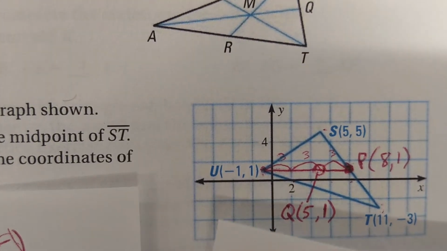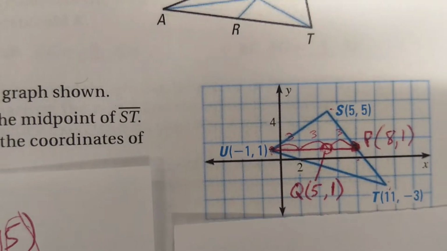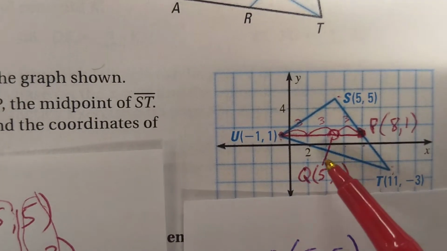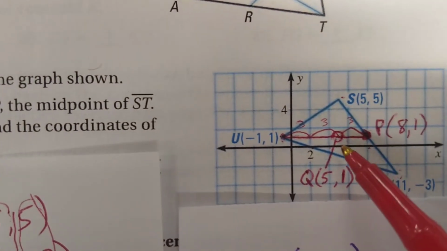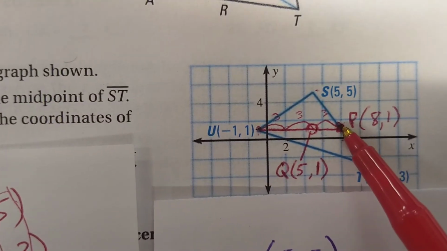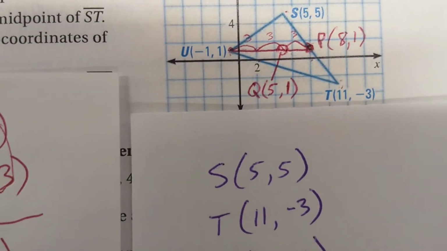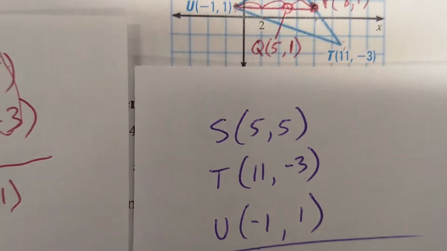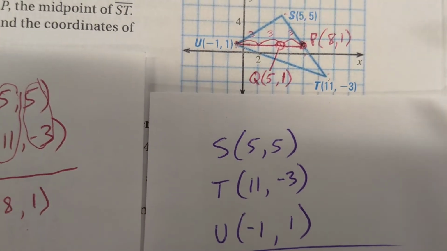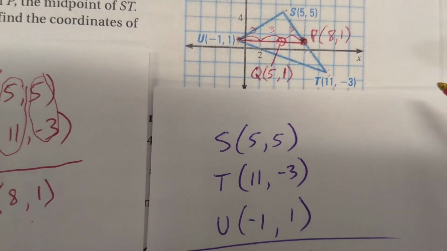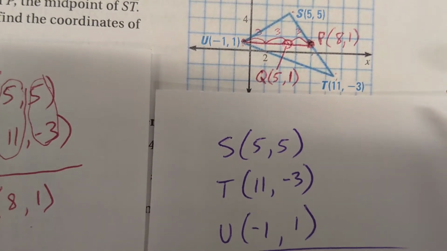So one other thing to keep in mind that we could have done here to solve for this centroid, and we could have done that without even solving this midpoint P. We could have taken all 3 of these vertices of the triangle, S and U and T, and we could have averaged them.